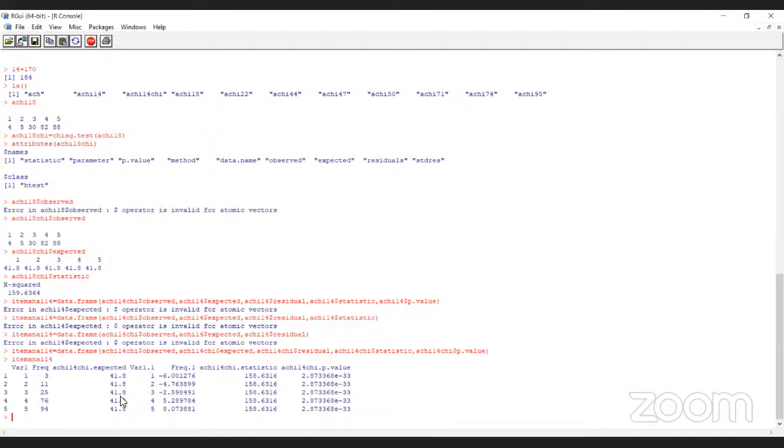Then it is minus. You go to the residual value, you will find minus sign. But when it is 76, that is greater than your expected value, then you will get the plus sign. Got it? Yes, sir.